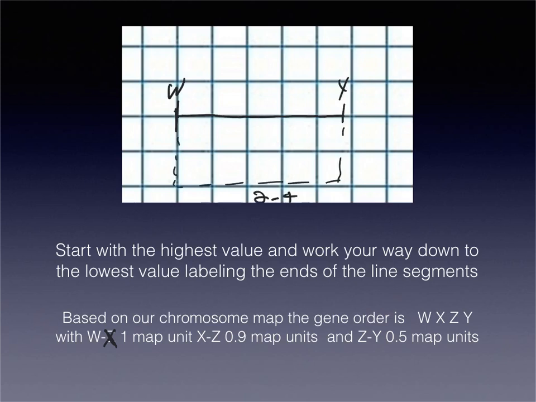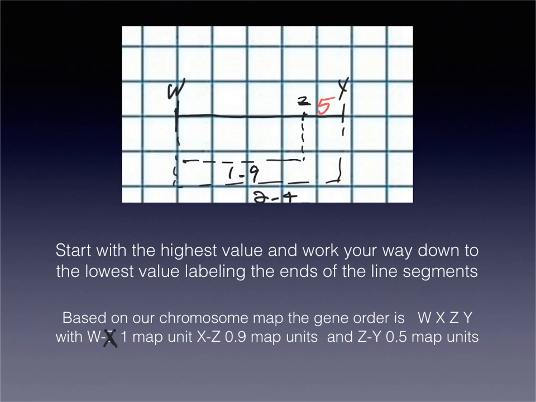That is 2.4. Next we go to ZW, which is 1.9. So right about here. And this is 1.9. So from 2.4 to 1.9, this is going to be 0.5 between these guys.